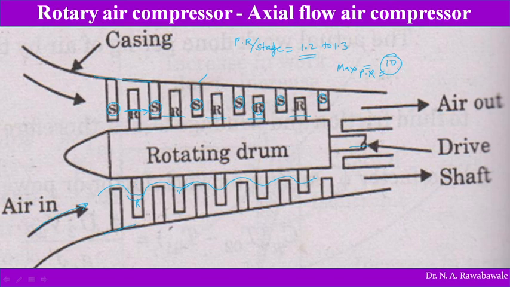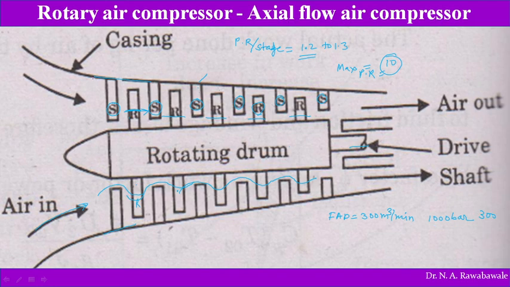So what are the advantages and disadvantages of the rotary air compressor over the reciprocating air compressor? The reciprocating air compressor is capable of giving free air delivery, FAD, of approximately 300 meter cube per minute maximum, it can increase pressure up to 1000 bar, and it runs at 300 rpm.